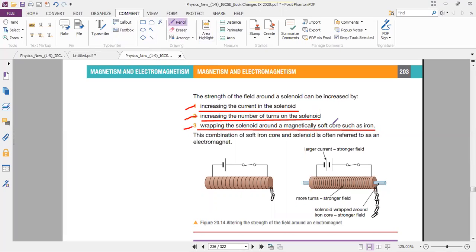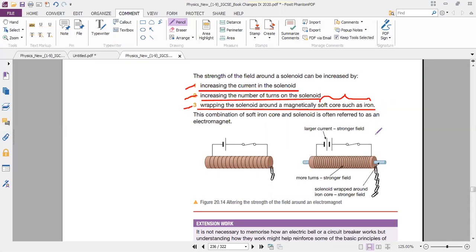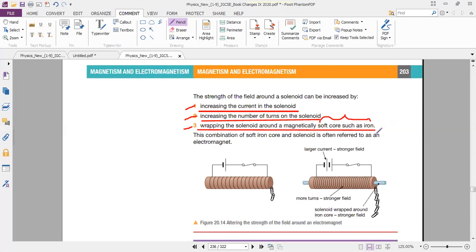Why not steel? Because when you stop the current, the iron loses its magnetism. But if it is steel, when you stop the current, the steel becomes a magnet permanently, or it holds magnetism permanently. That is the thing. That's why iron is a good option.